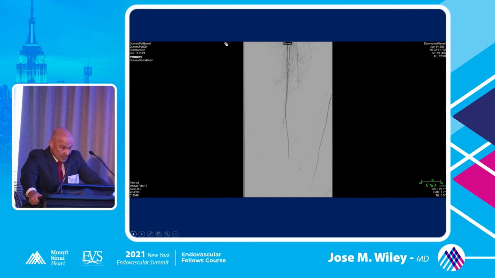So the technique here is taking out the sheath and putting a TR band and inflating it with at least 20-25 cc's of air. I warn you, in obese patients, it may be a little harder. If you're going to entertain this, you better have a good level of experience, because the problem with pedal peroneal access is compartment syndrome, and that'll be a disaster.